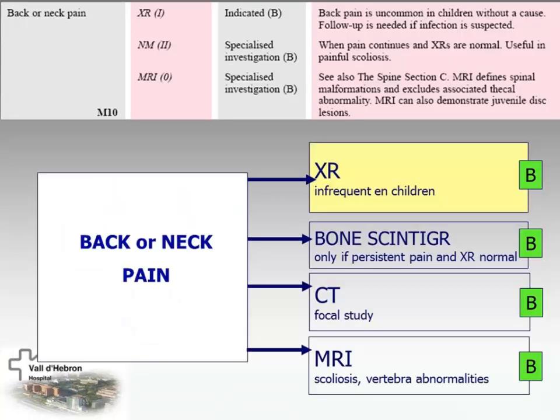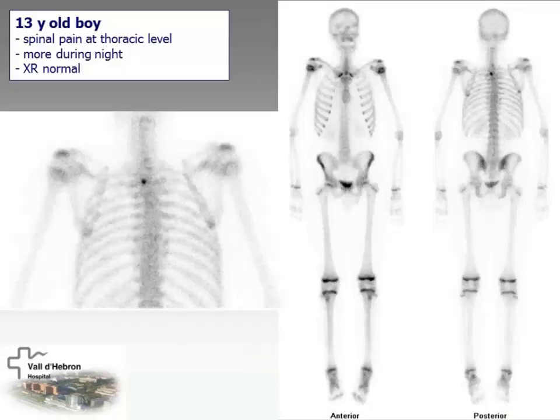Back pain or neck pain is not frequent in children, and it's always organic. This is a case of a 13-year-old boy with spinal pain at the thoracic level, more during the night, with a normal X-ray. And here, what do you see? We see a very focal, very small lesion with a very high uptake.